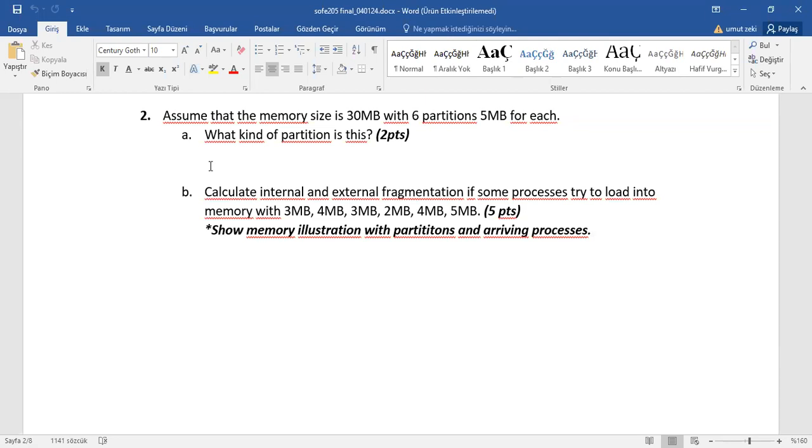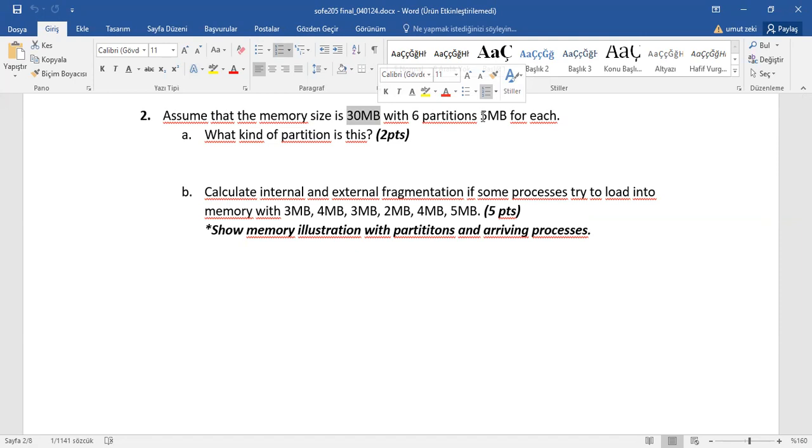So to keep them separate, the operating system creates partitions in the memory. Okay, it depends on the system that they are using. Let's say here our memory is 30 megabytes, and we know that the processes coming are about 3 or 4 or 5 megabytes.